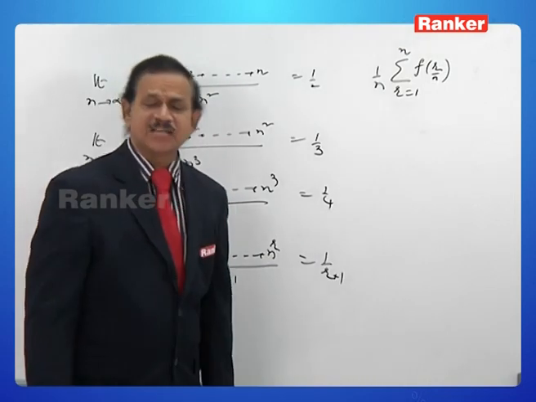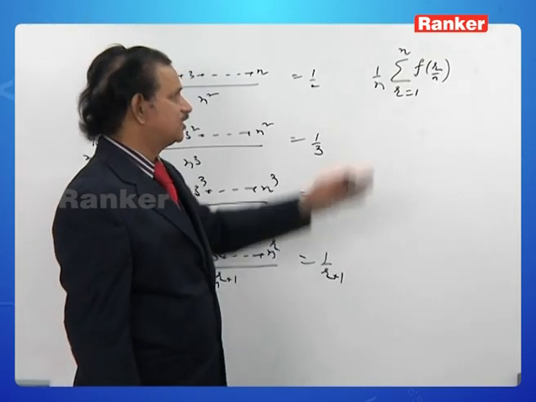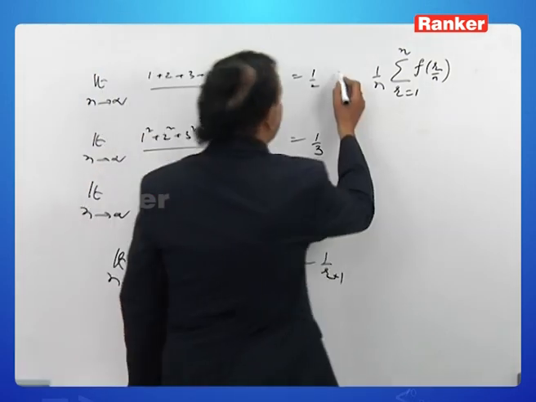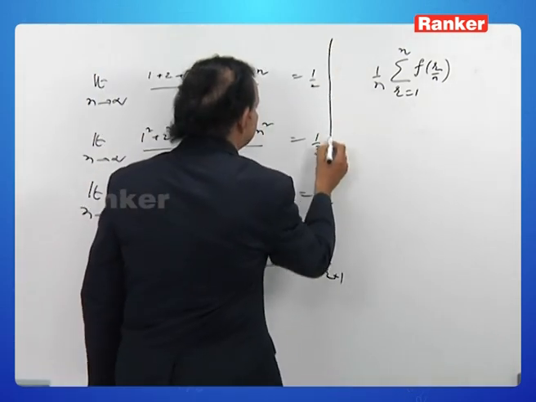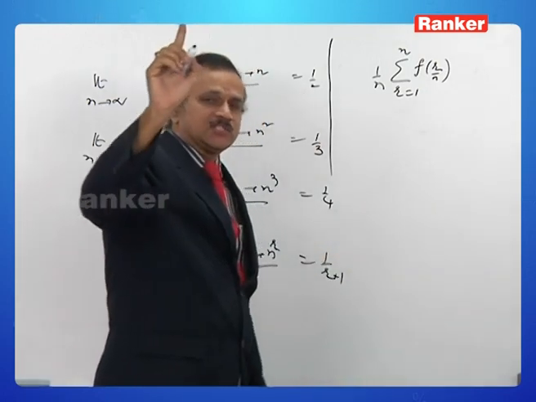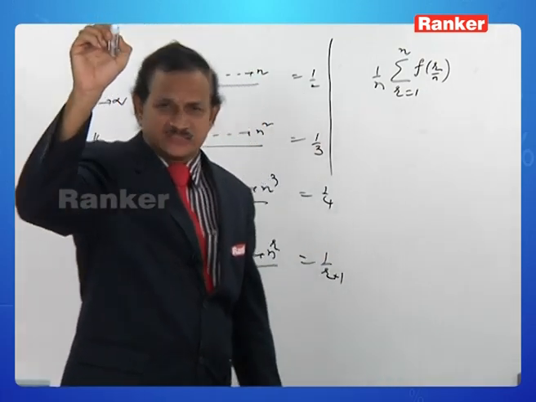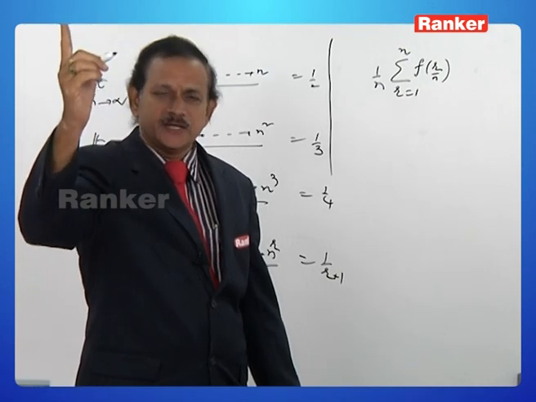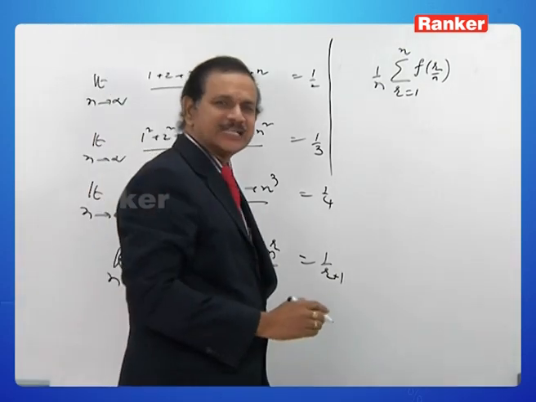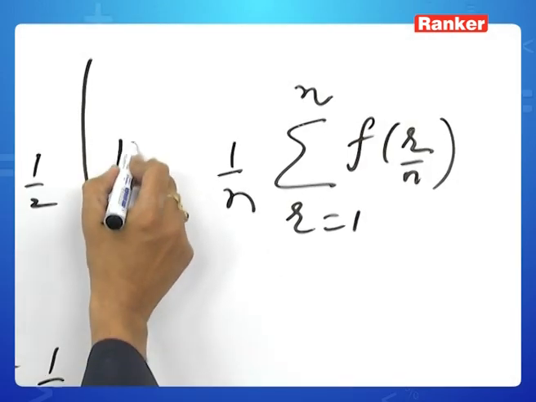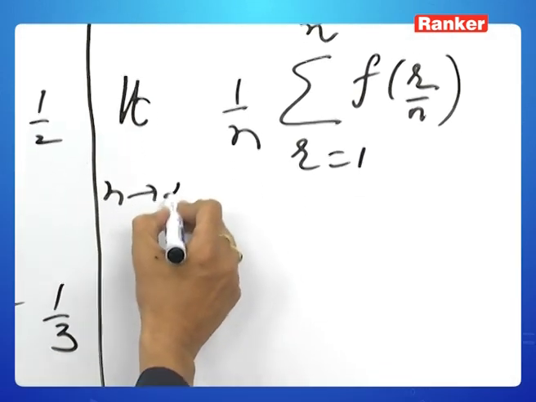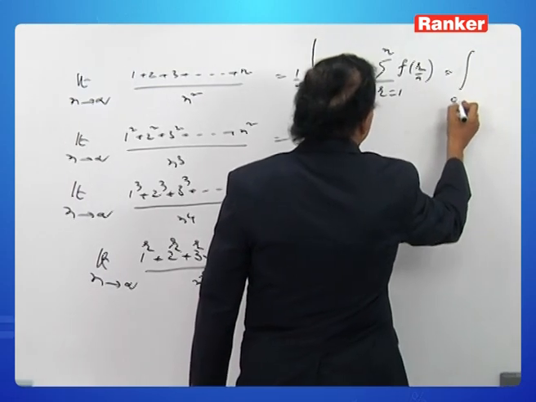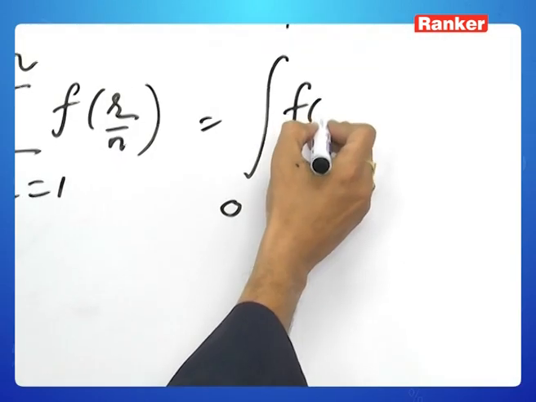If there is any sum which occurs in this form, then the process which is going to be discussed in definite integrals says that limit as n tends to infinity of this sum is nothing but integral 0 to 1 f of x dx.